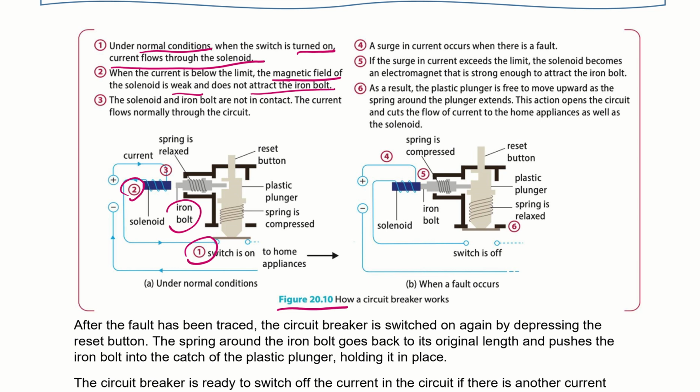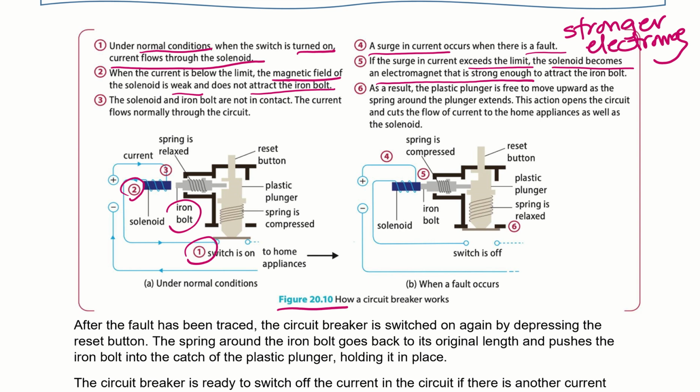Now, suddenly there's a surge in current when there's an electrical fault. If the surge in current exceeds the limit, the solenoid becomes an electromagnet that's strong enough. Or you can say that it becomes a stronger electromagnet, because if I increase the current, the magnetic field produced by the current will be stronger.